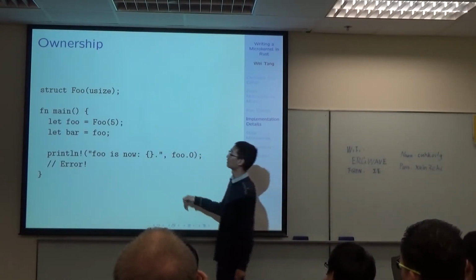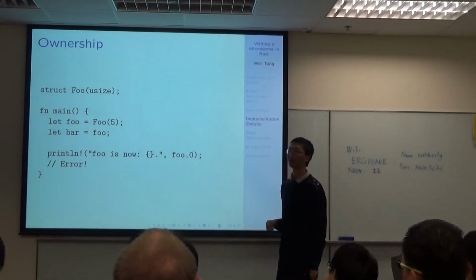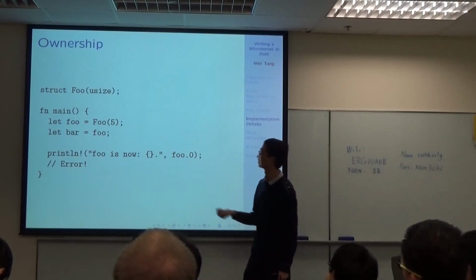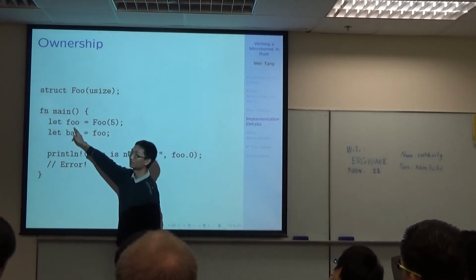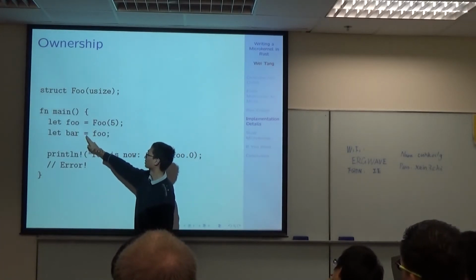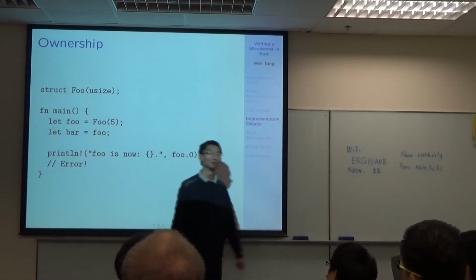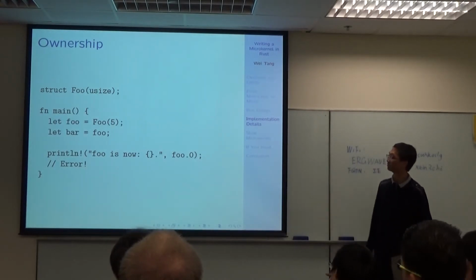So in Rust, each assignment actually has one more meaning: it transfers ownership. In the beginning this Foo is owned by foo, and then in the second assignment you transfer ownership from foo to var. So you can't access foo anymore because it has been moved.